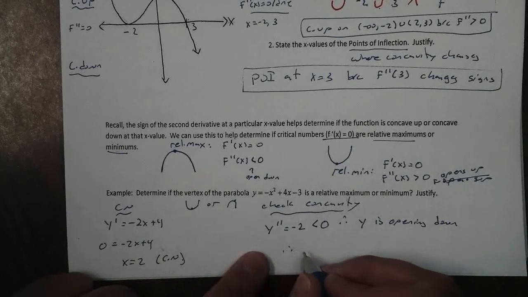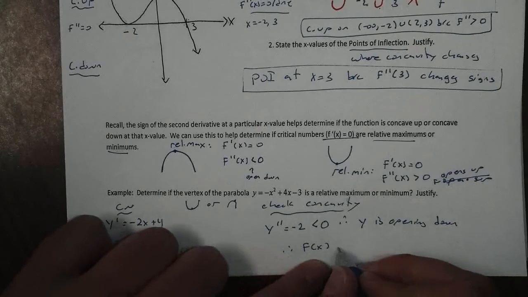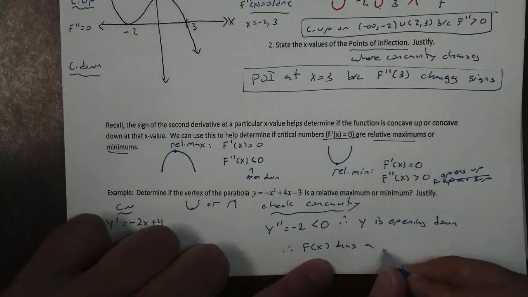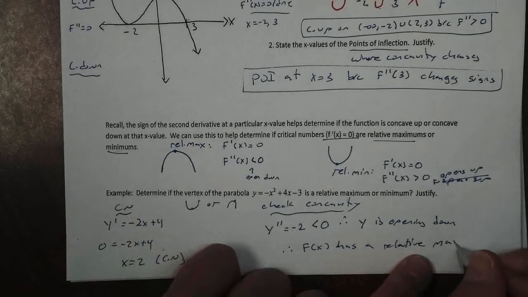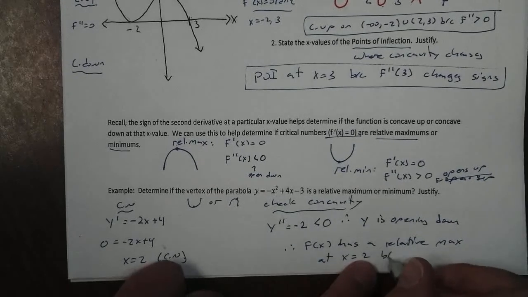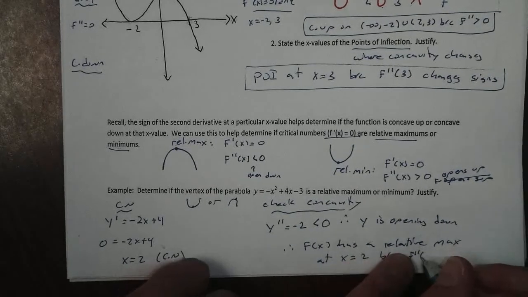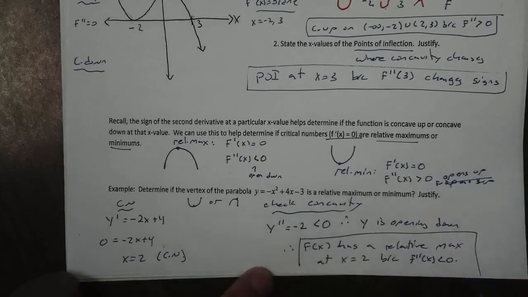And therefore, we can say the vertex f of x has a relative maximum at x equals 2, and that is because the second derivative is less than 0. And that's what we write.